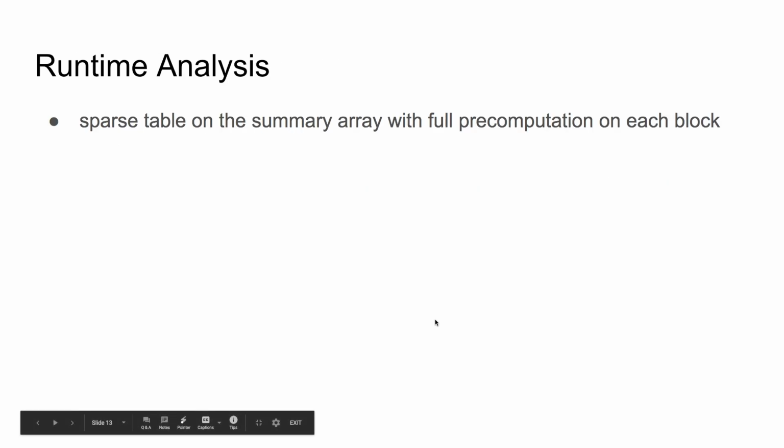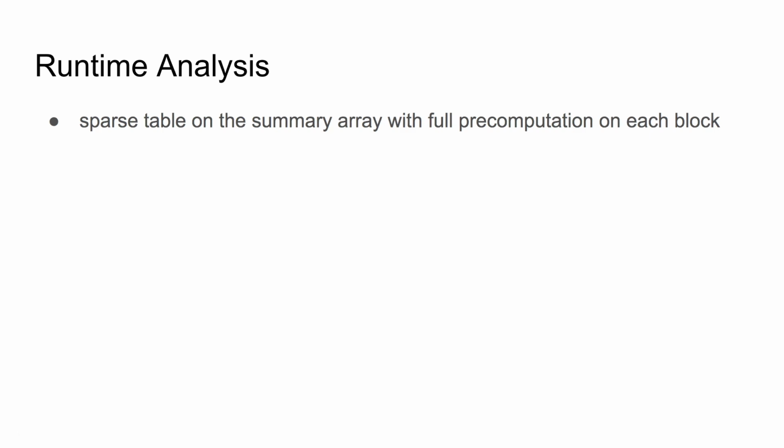So if we look at this observation of Cartesian trees and what it does for our runtime, we're going to use a sparse table, the n log n time build structure that we discussed earlier, on the summary array, as in our Harvard structure, the top one, and a brute force DP, full computation on each block level structure.